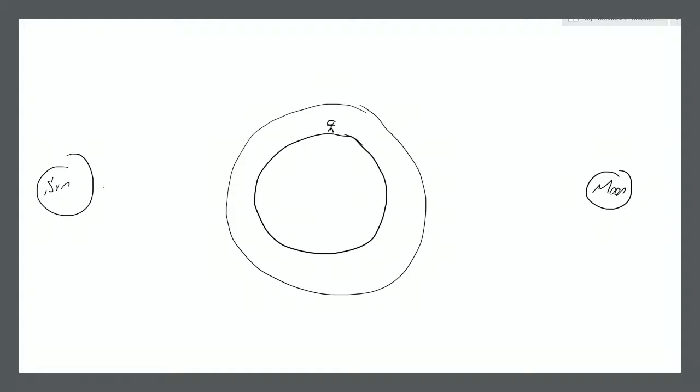So you can look in one direction and see, oh, there's the moon. And you can look in another direction and think, oh, there's the sun. Okay, but what's actually happening is the sun is shining from here and the light is getting refracted, and so it looks like the sun is here.